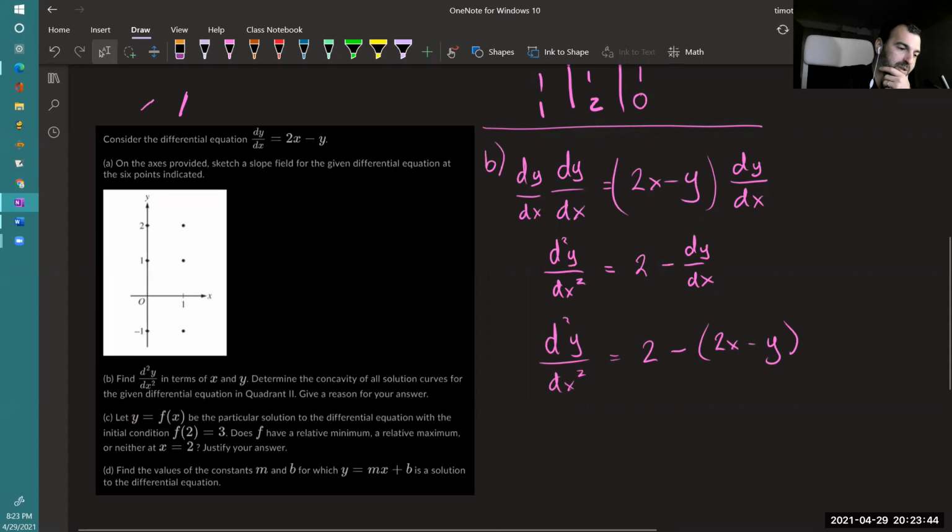They also want us to determine the concavity of all the solution curves for the given differential equation in quadrant 2.